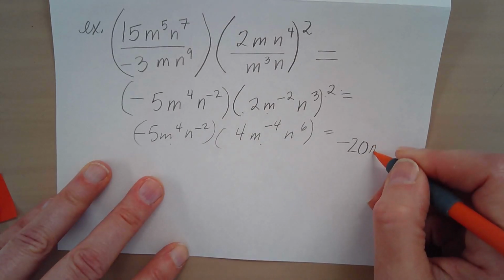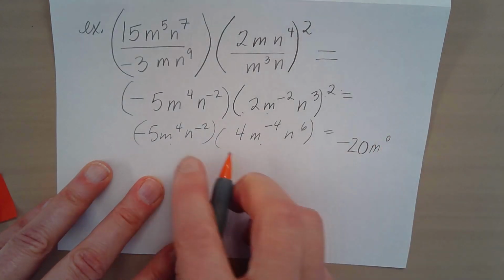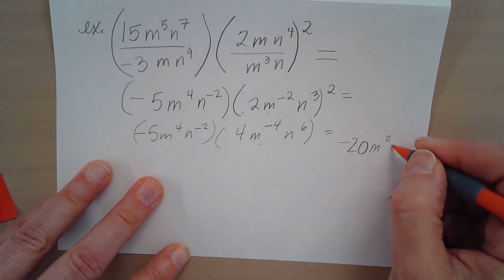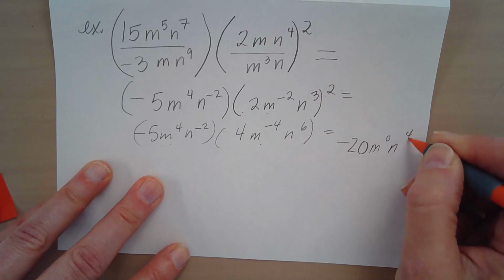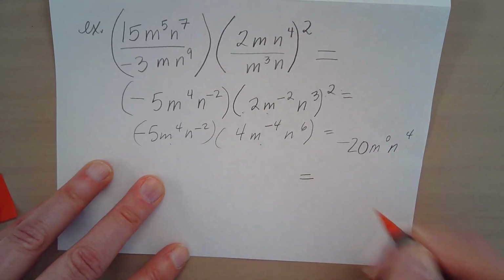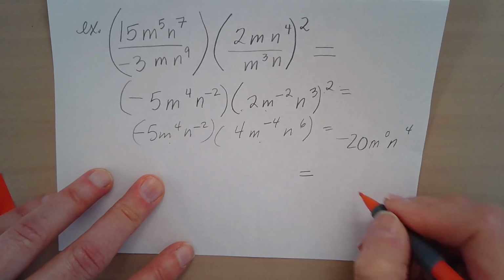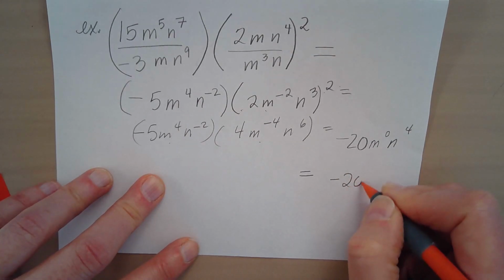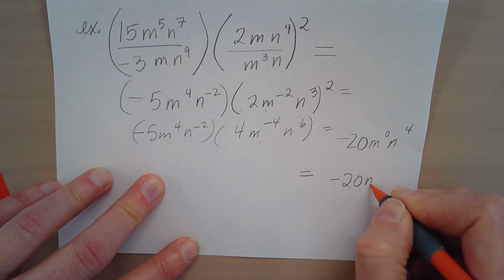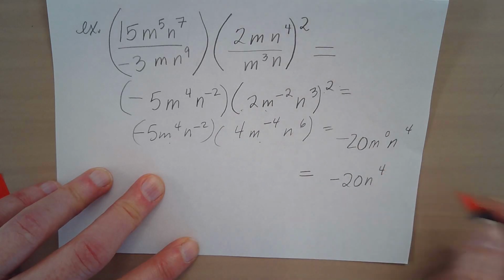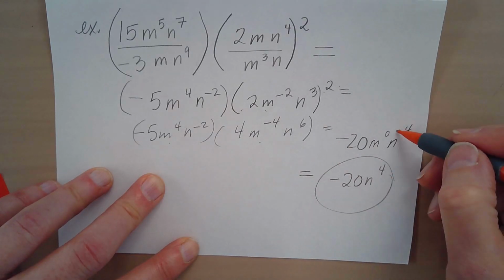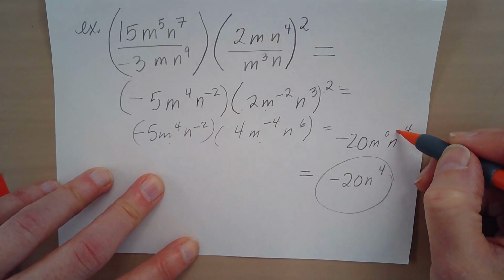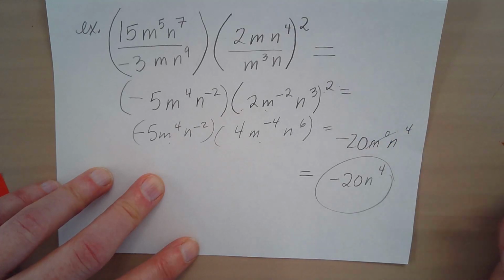M to the power 0 and n to the power 4. So how would I record my last final answer? What happens to this to the power 0? It's just 1, right? So it's -20 times 1, so that's your final answer out of that whole mess, right?